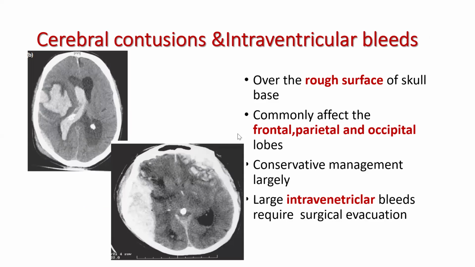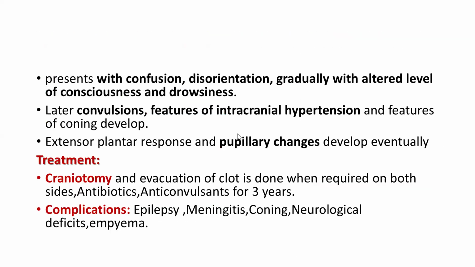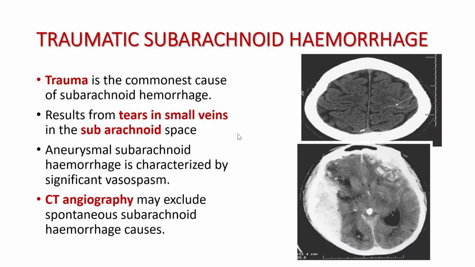Yes, doctor. Did you talk about people who are at risk of getting these chronic subdural hematomas? Yes, we said alcoholics, people who are elderly, and people who are on anticoagulant medication. Okay, that's good. Then for subarachnoid hemorrhage, you read about the grades, isn't it?